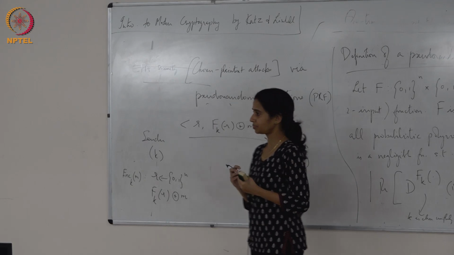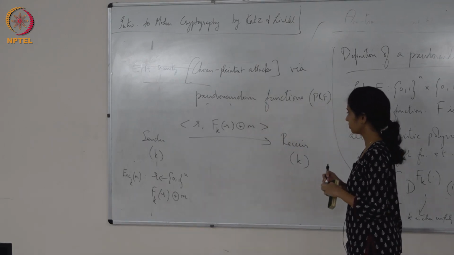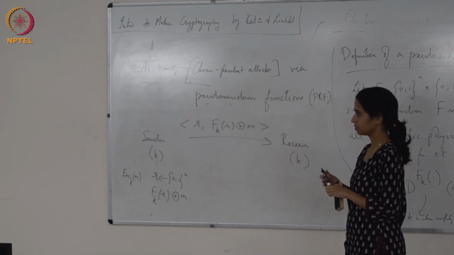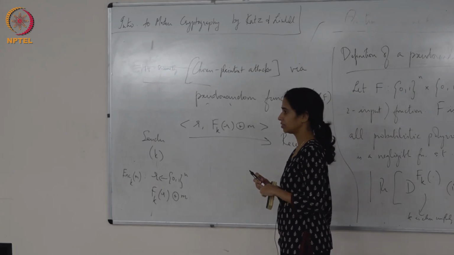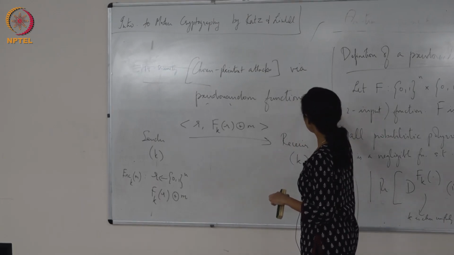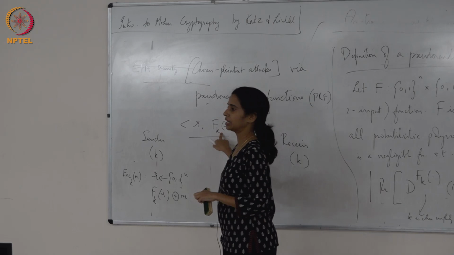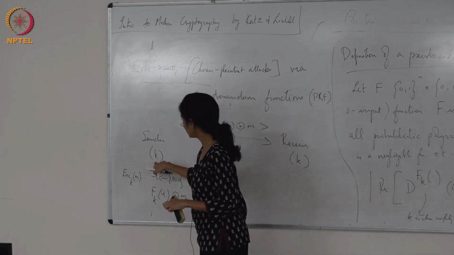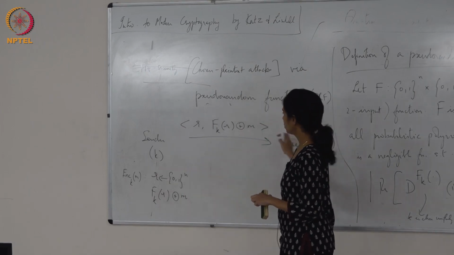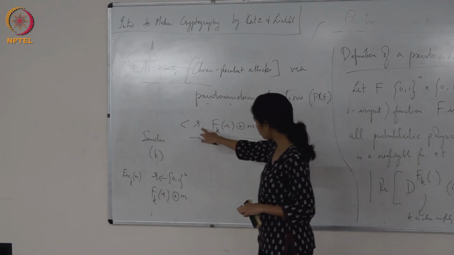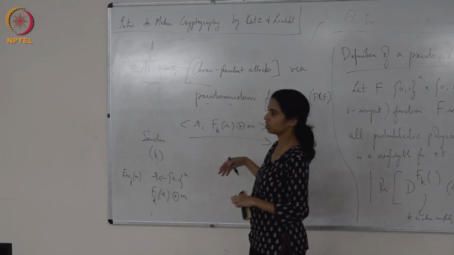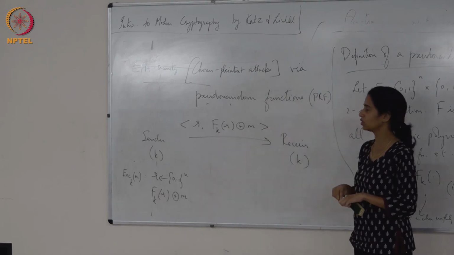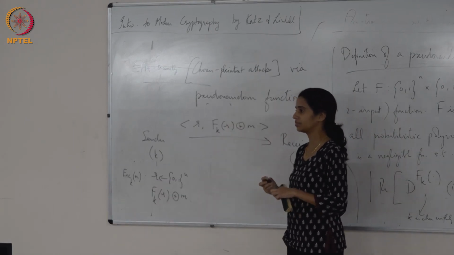The PRF F is known to the adversary as well. The PRF is known, but the key K to the PRF is not known. This key K is the key that is shared between the sender and the receiver. So the PRF is known, R is also known, but since the key K is not known, the adversary would not be able to compute what Fk of R is exactly.